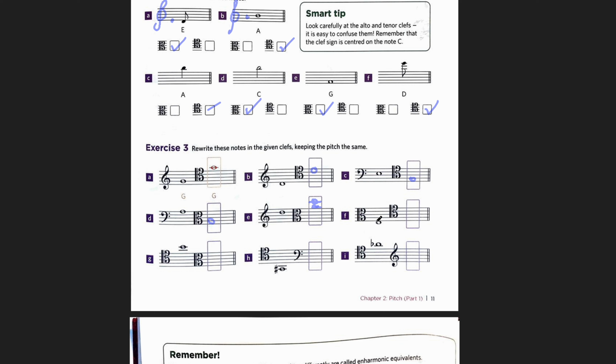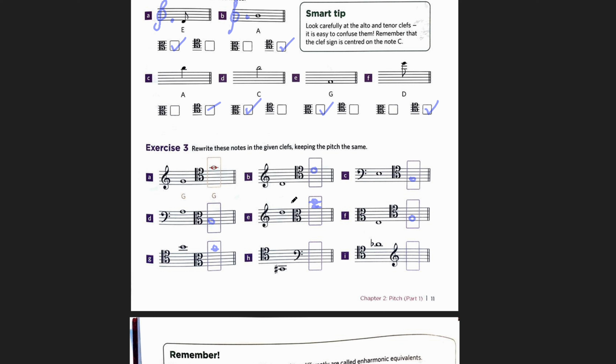This is a low C, A, F, E. A low E, C, A, F, E. And this would be a C, E, G, B. High B. C, E, G, B.